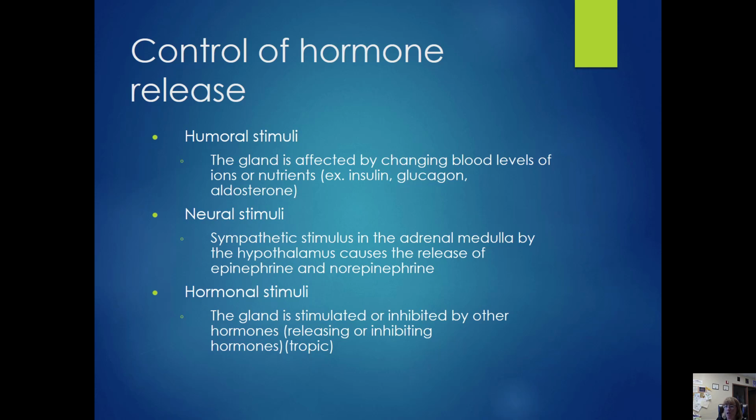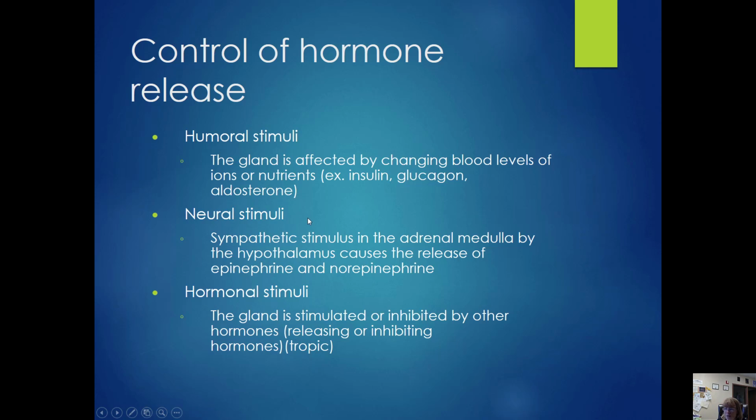Some aspect of the bloodstream is changing, and hormones are going to take care of that. In this case, insulin and glucagon are stimulated for their release due to the increase or decrease, respectively, of blood glucose levels. Aldosterone is in response to falling plasma sodium levels and rising plasma potassium levels.